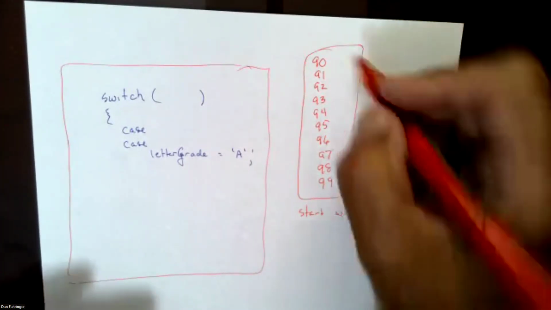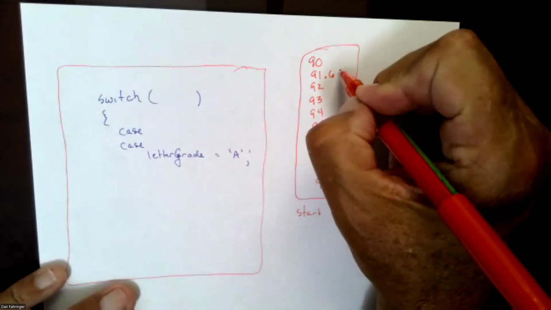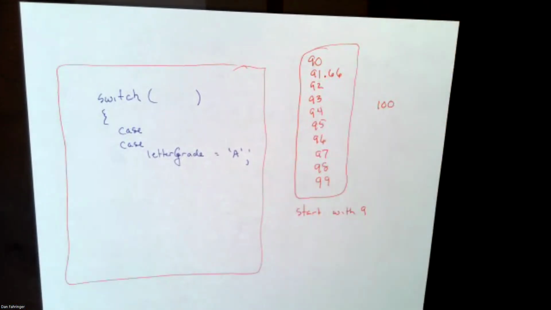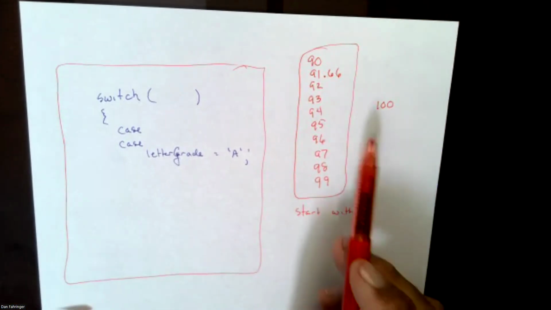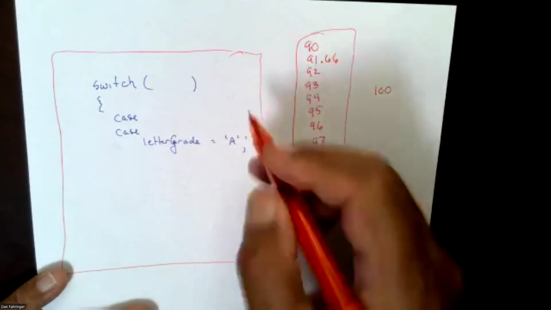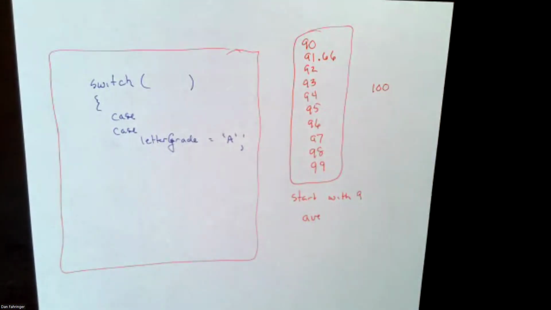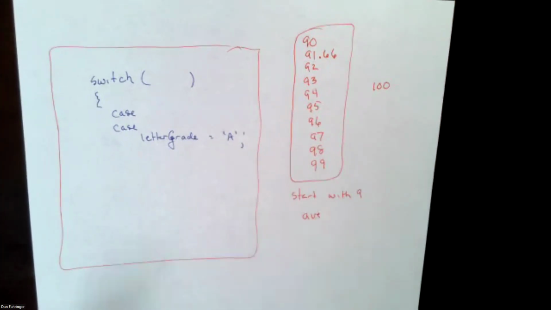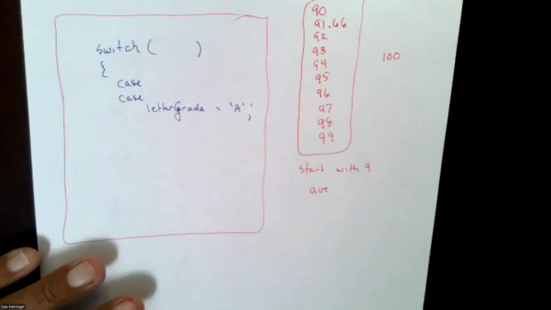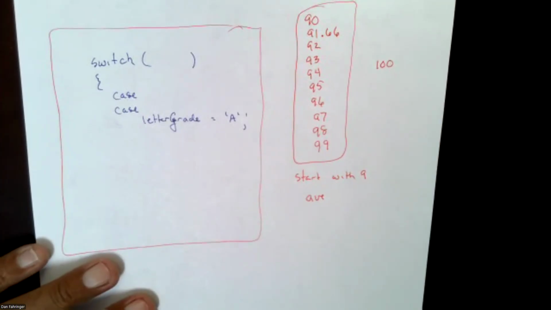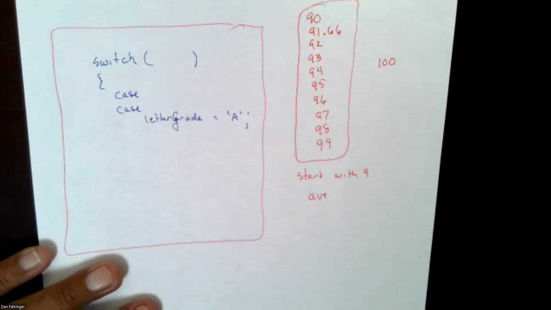These could be all over the place, 91.66 and so forth. So the first thing I'm going to do is say, all right, I have average, right? And if I wanted to change average to an integer, how did I do it? Well, I did something called casting.